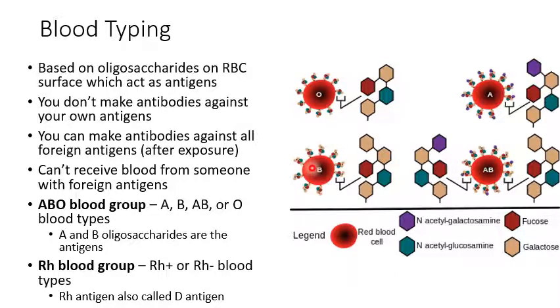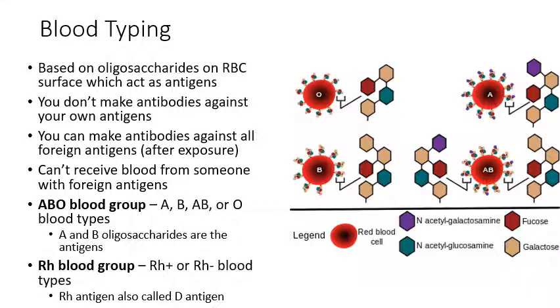If you're blood type B, then you're taking the O oligosaccharide and converting it to the B antigen. If you're blood type AB, then you have the enzymes to make antigen A and antigen B, so you're going to have both. If you're blood type O, then you do not have the genes that would give you the enzymes to make either the A or the B antigen, and you end up just staying with the O oligosaccharide that is not big enough or complicated enough to be an antigen.